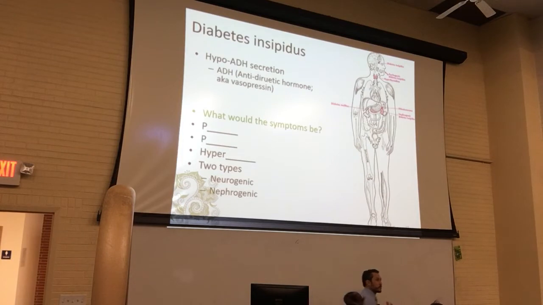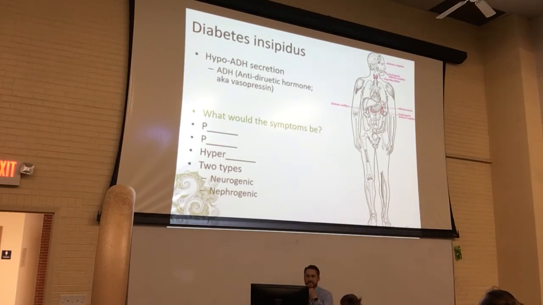So the last one is on the back side here. We're at the pituitary, but now we're at the posterior pituitary. It's the only example of the posterior pituitary that we're going to talk about, and this is diabetes insipidus. I'm talking about it now because we're going to talk about diabetes mellitus later. They're very different, but they sound very similar, okay?